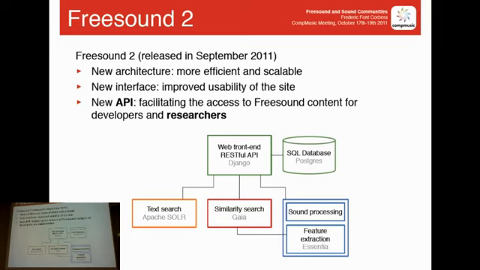This is a new improvement, which makes it easier to access the content of the database of Freesound. And we think this is very useful for developers that want to create applications using the information in Freesound as a backend, but also for research purposes, because maybe until now the only way to get to the data in Freesound was using a dump of the database that we could provide, but it was a bit harder.